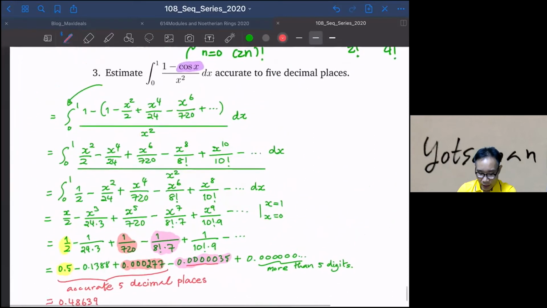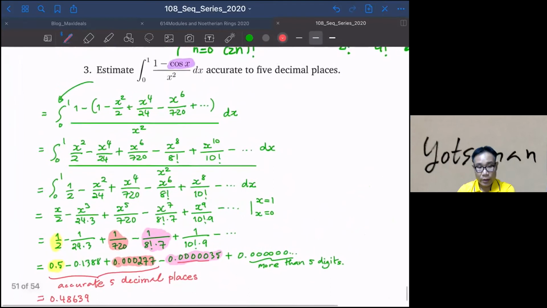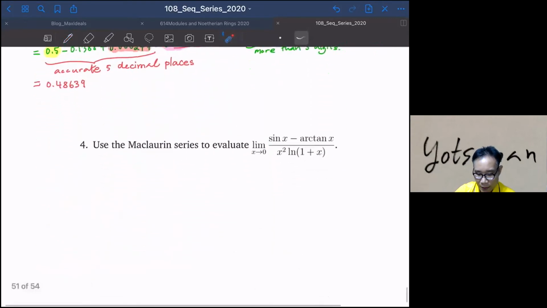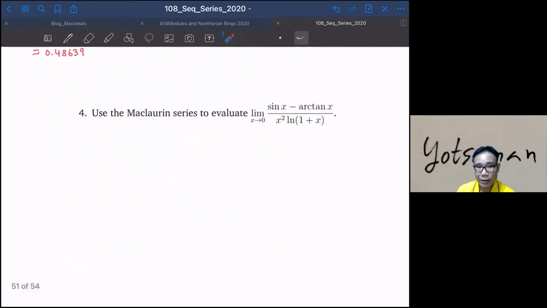Okay, so you see that we can just use the power series and you'll be able to give an approximation for the definite integral that you are not able to integrate. So for this function, you cannot integrate it and you need a good way to estimate the value.